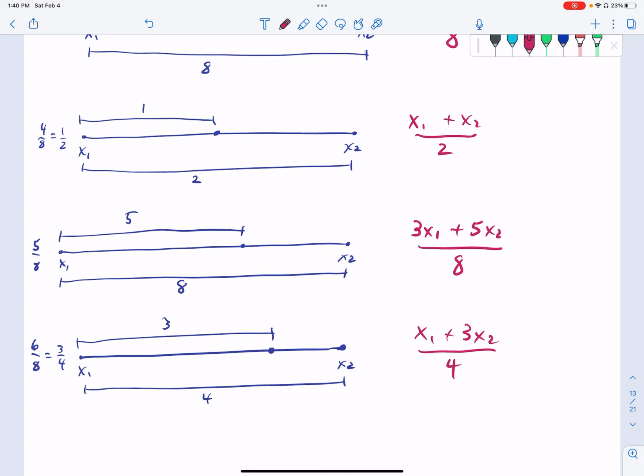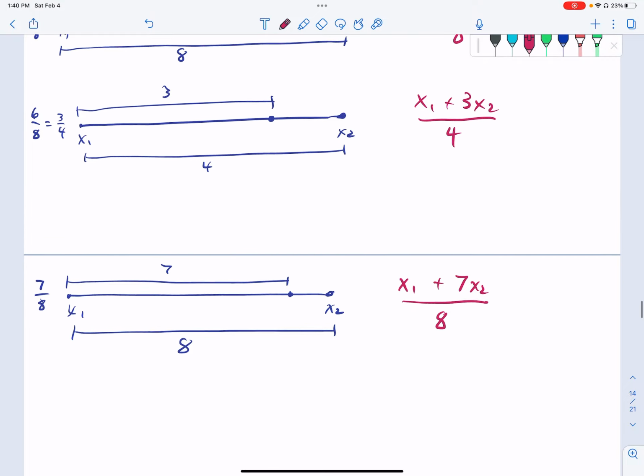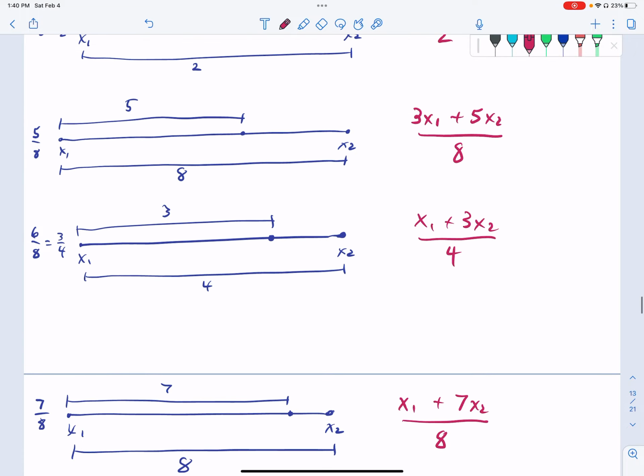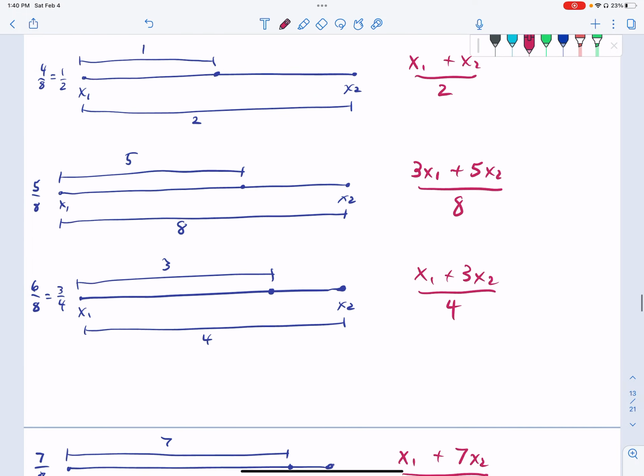And then we have one more, 7/8. The 7/8 is 1x1 plus 7x2s, all of this over 8. Again, that should be enough evidence to suggest to us, using inductive reasoning, what a formula could be to find the fractional distance, any fraction that we want.